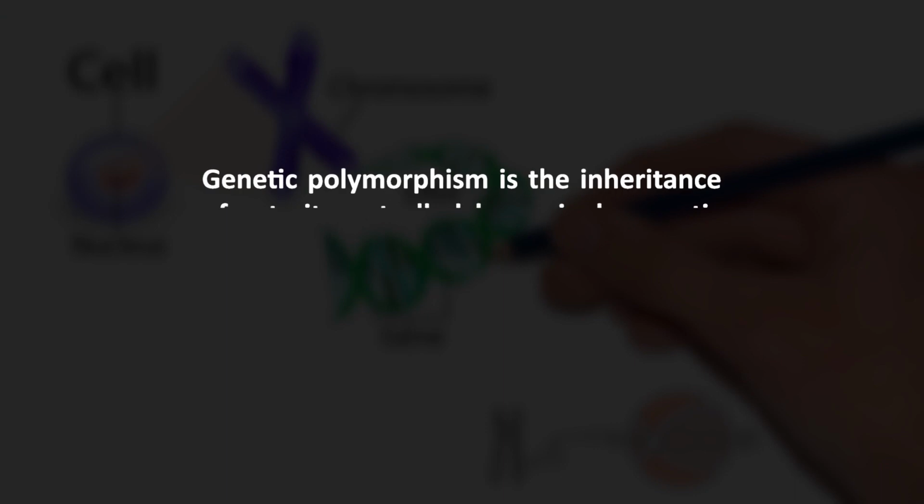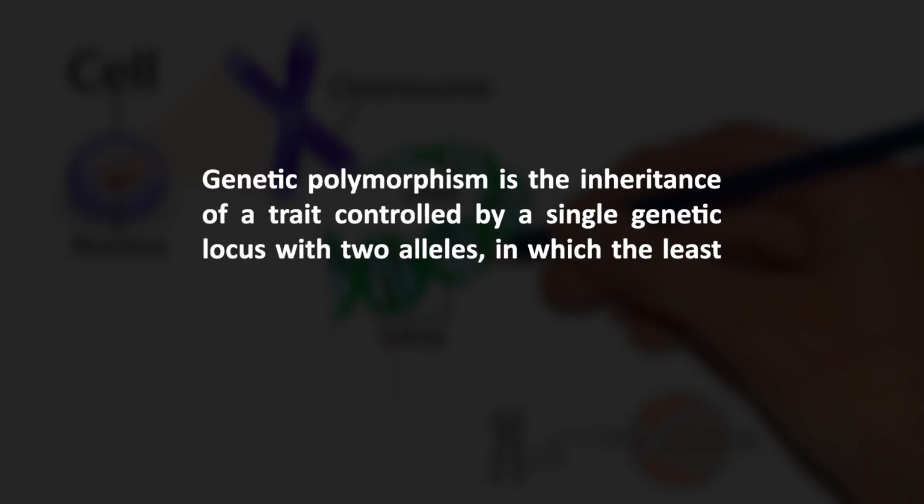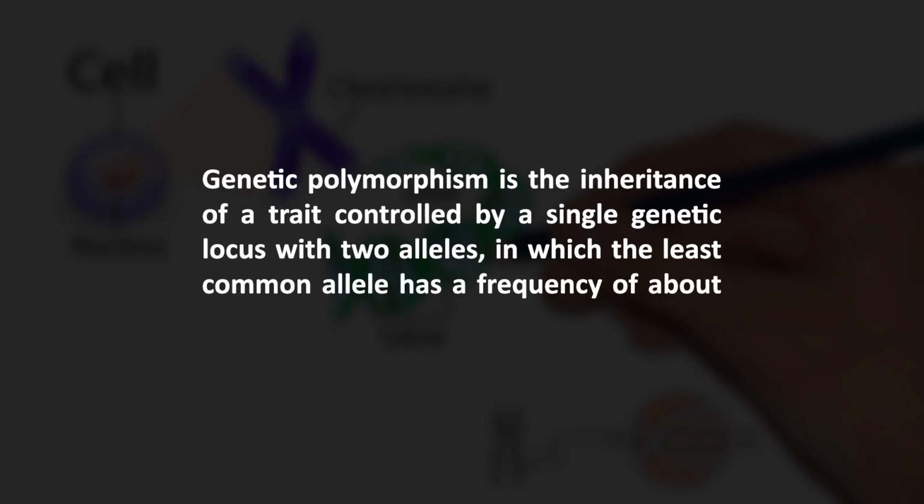Genetic polymorphism is the inheritance of a trait controlled by a single genetic locus with two alleles, in which the least common allele has a frequency of about 1% or greater. Sources include single nucleotide polymorphisms, sequence repeats, insertions, deletions, and recombination.